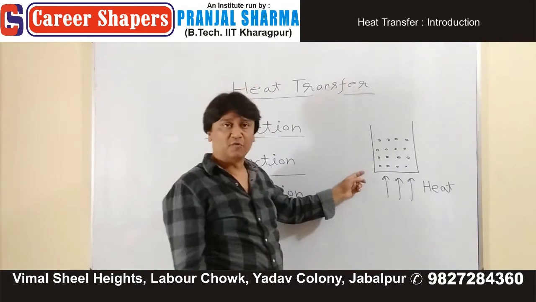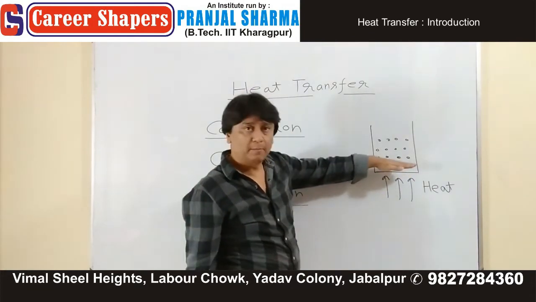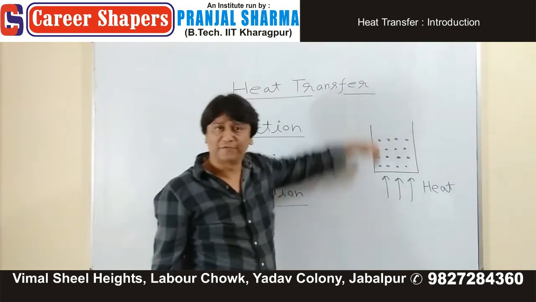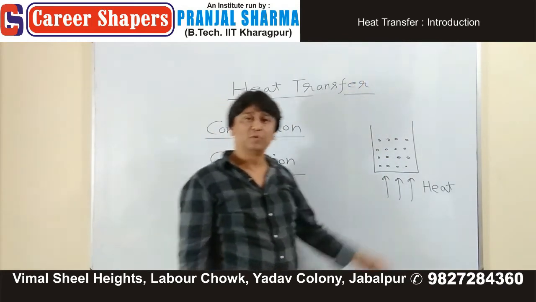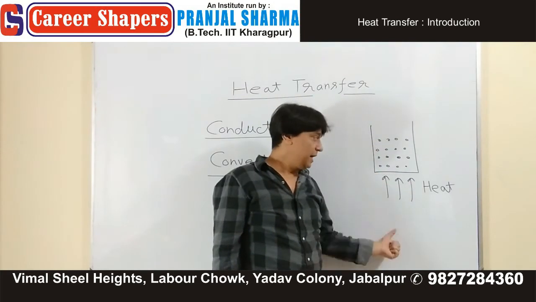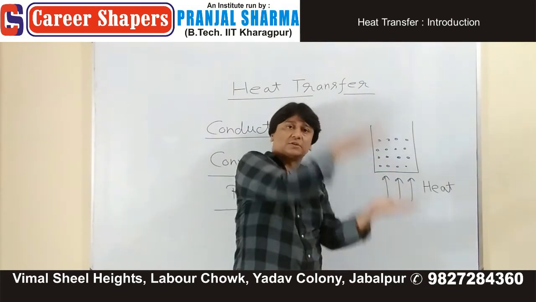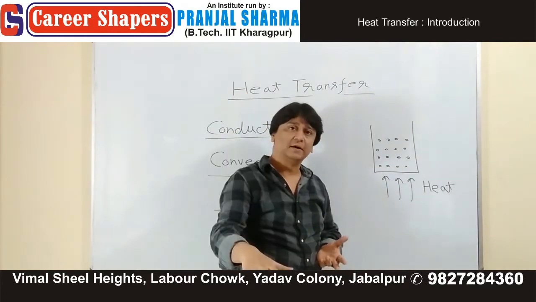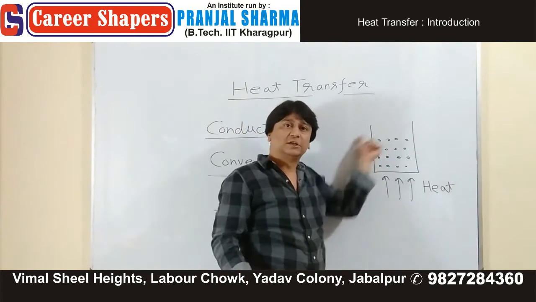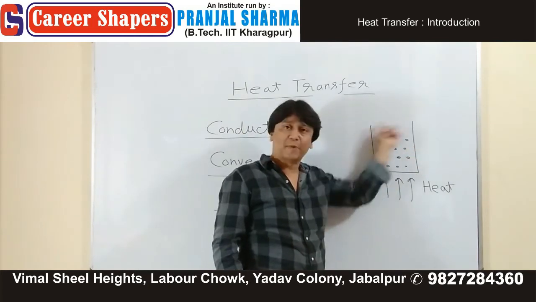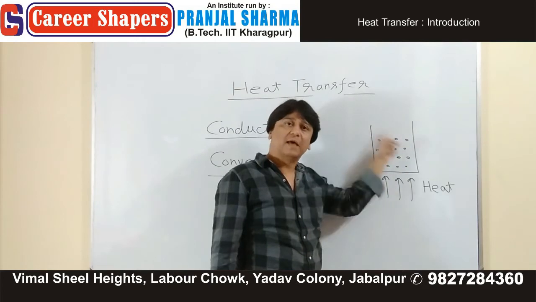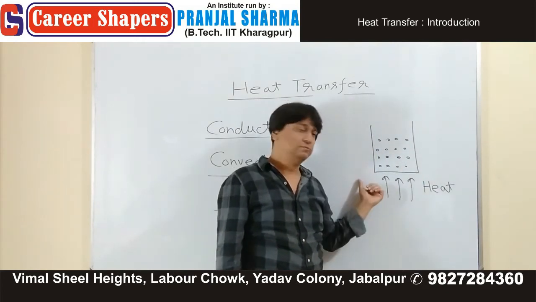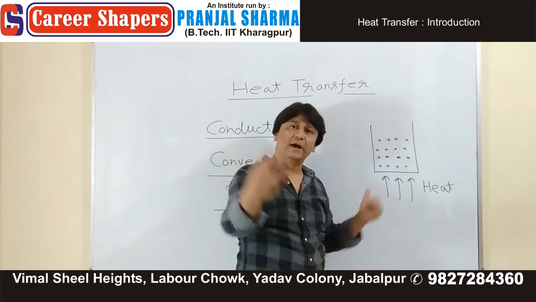But over here in convection, whole layer becomes lighter, shifts upwards, and the heavier layer shifts downwards. And then when the heavier layer comes down, it receives the heat, starts oscillating, occupies more volume, becomes lighter, goes up, its position then is occupied by the other heavier layer, and then this process repeats itself again and again, and the whole liquid eventually acquires what? Heat.